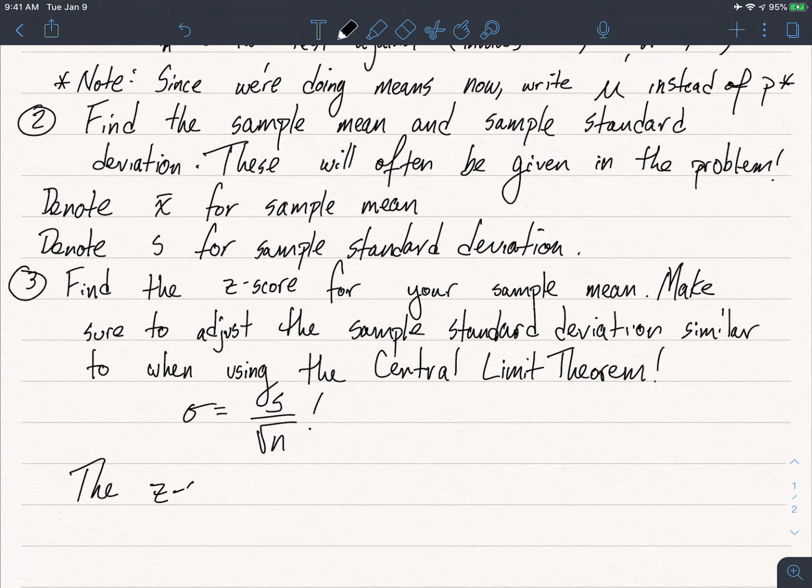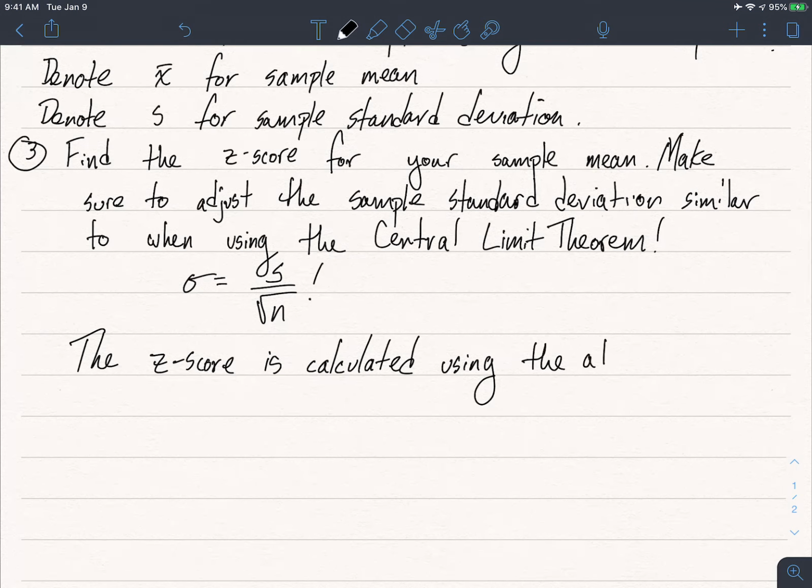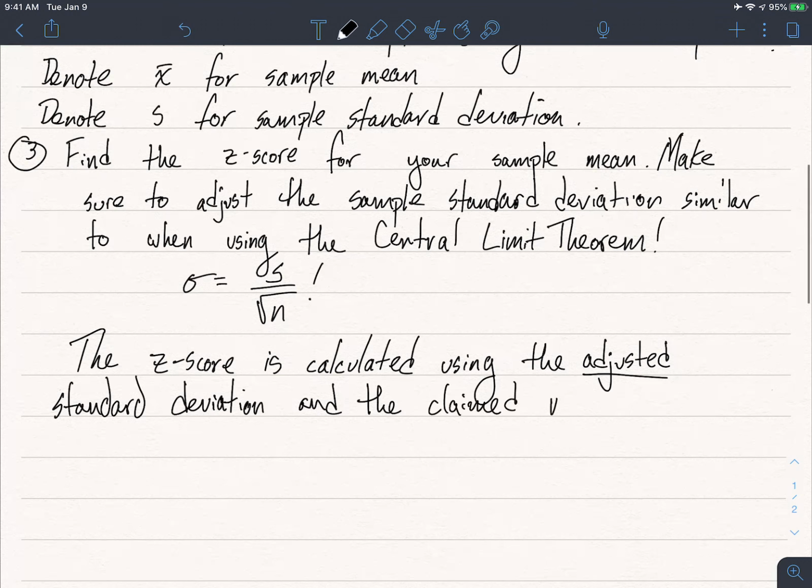And the z-score is calculated using the adjusted standard deviation and the claimed mean as the mean in the z-score formula.